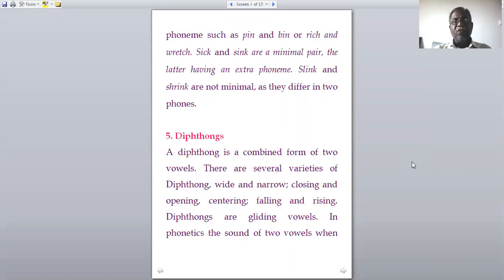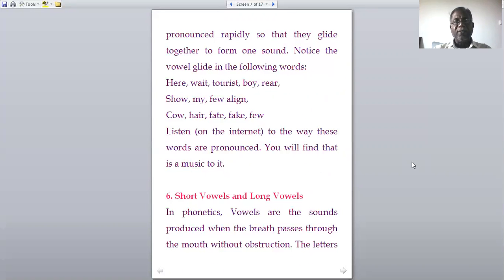Diphthongs are gliding vowels that will glide, like a soap, no, sweep, no, glide. In phonetics, the sound of two vowels when pronounced rapidly so that they glide together to form one sound. If you want to make a diphthong, it's a clue: you speak loudly, you speak fast, not fastly. That is wrong, fast.